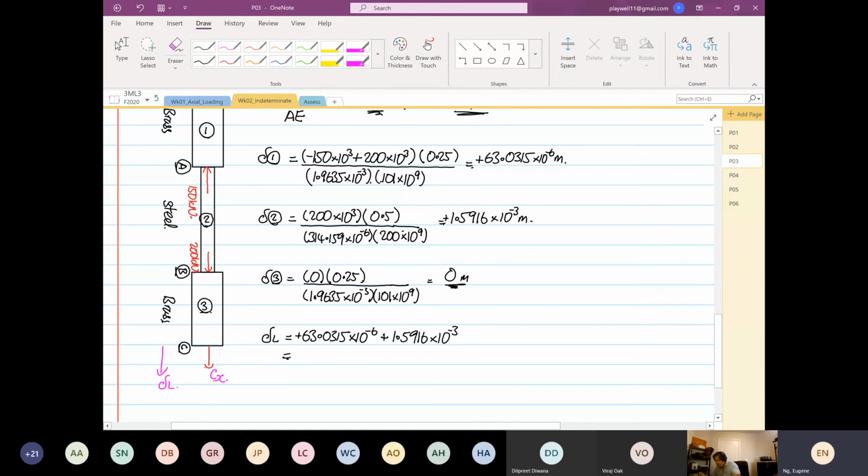So it's equal to 1.655 times 10 to the power minus 3 meters. This is due to the actual load.